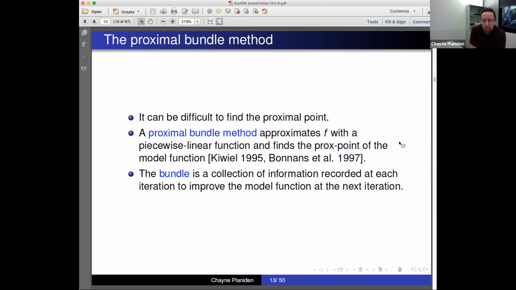And instead of finding the prox point of f, you find the prox point of your model. The bundle is the collection of information that you collect along the way. At each point, you grab a subgradient and put in another linear piece, so you increase your bundle at every iteration.